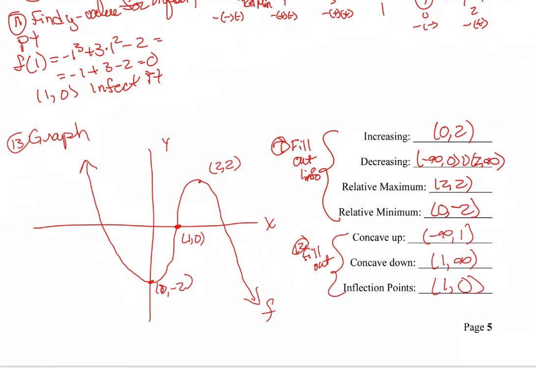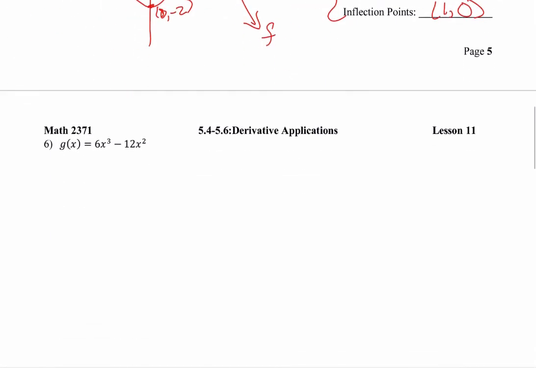Okay? So now I'm going to go through and do the next one, but I'm not going to write down all the steps. The steps will be in the written up notes. But I am going to work through the exact same 13 steps.